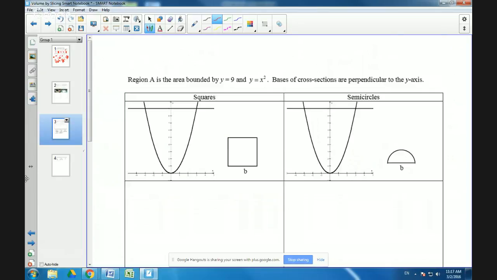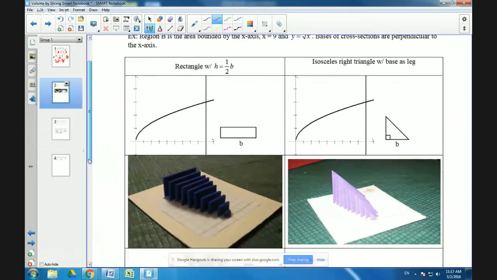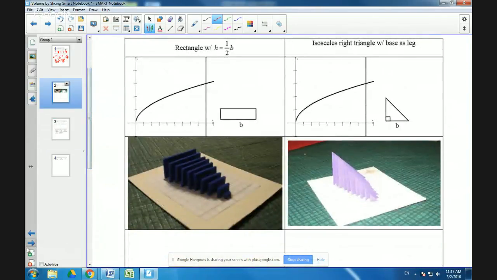For x over 4. So what numbers did I go right?